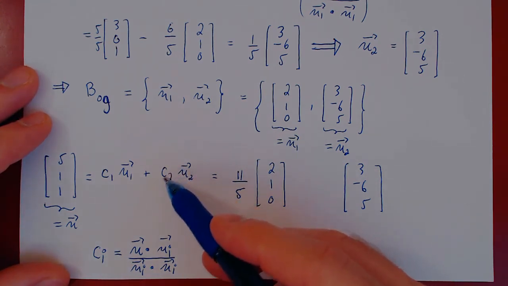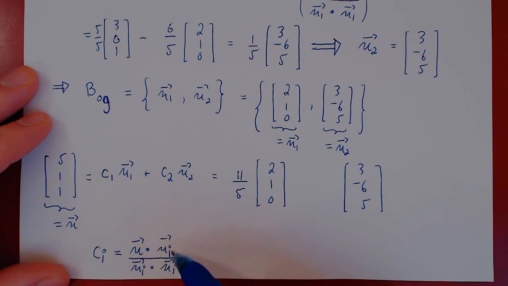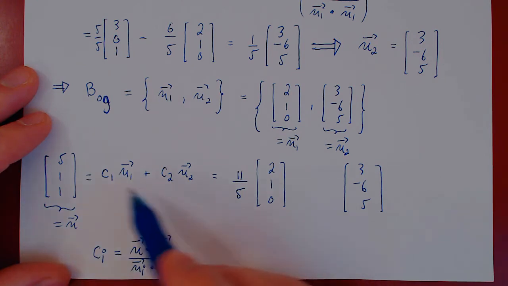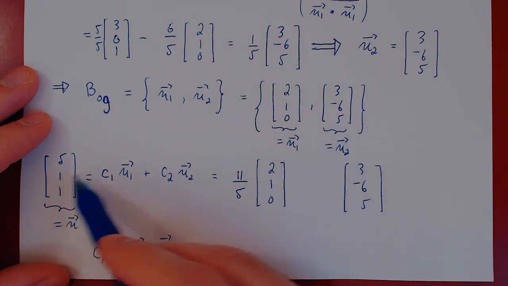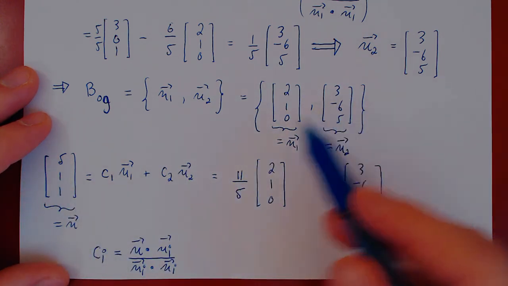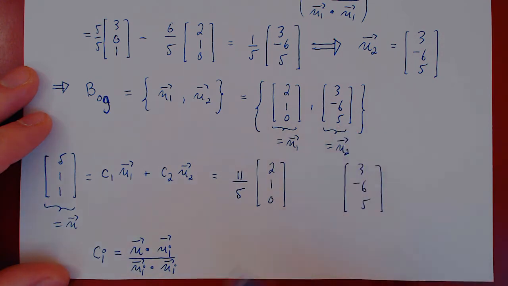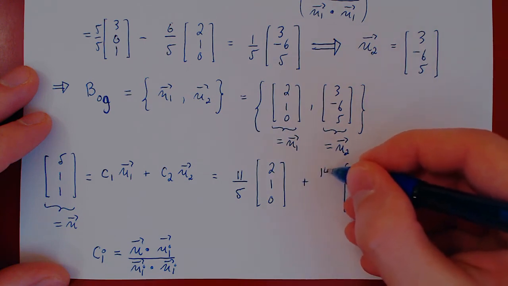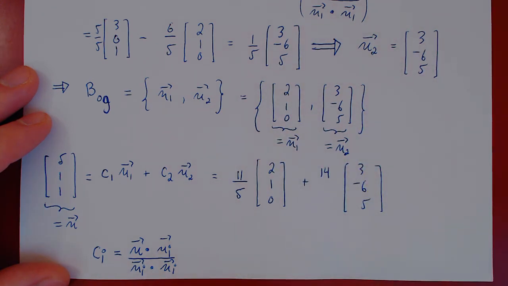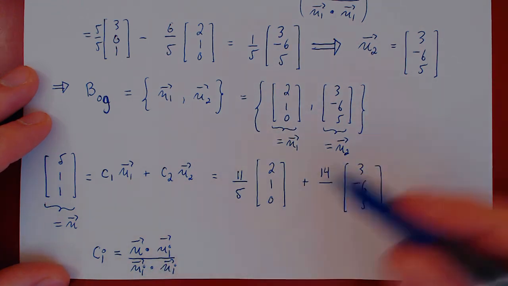Let's find C2. It will be u dotted with u2. So 5 times 3, 15, minus 6, 9, plus 5, 14, over u2 dotted with u2.